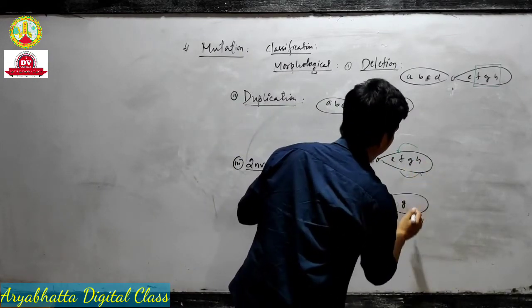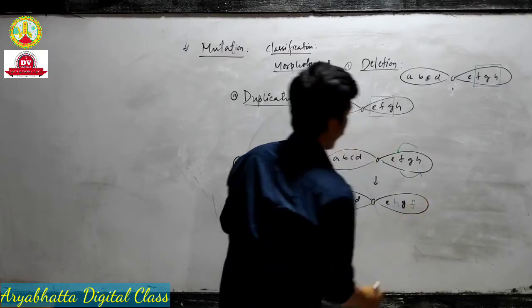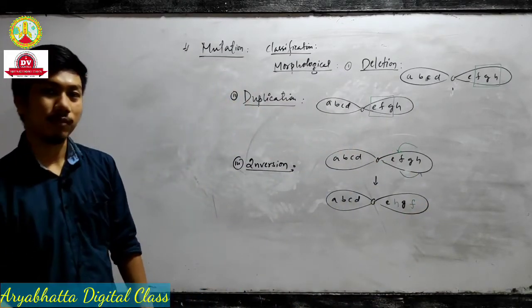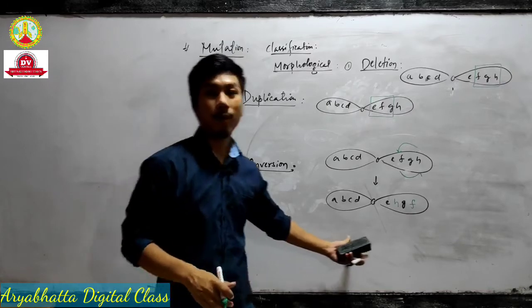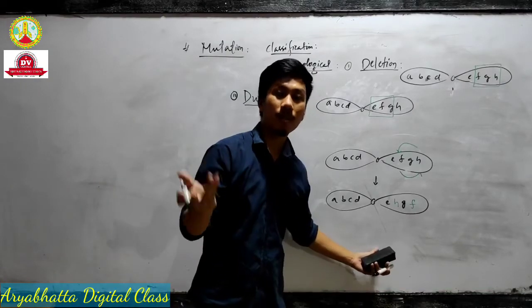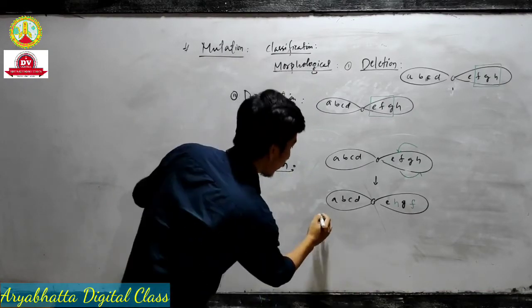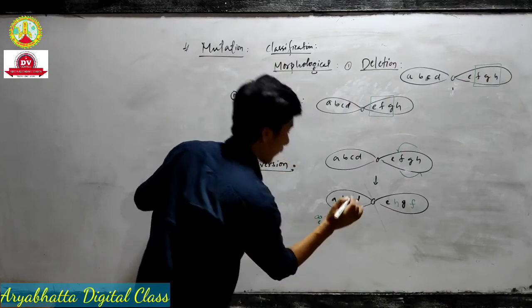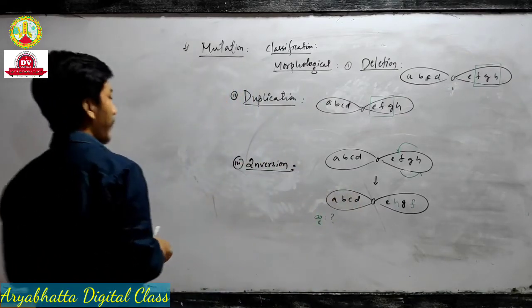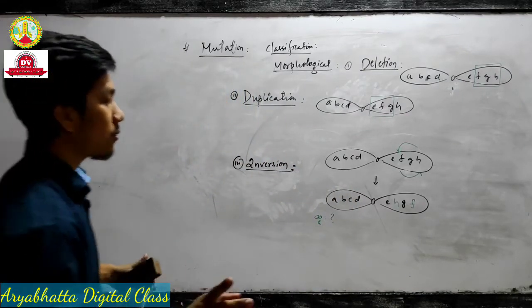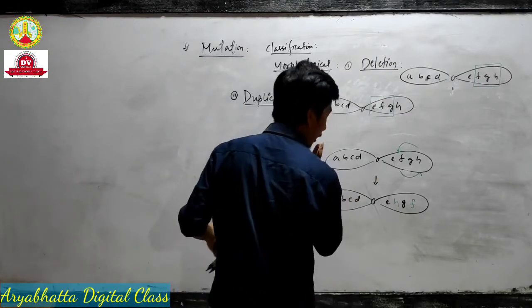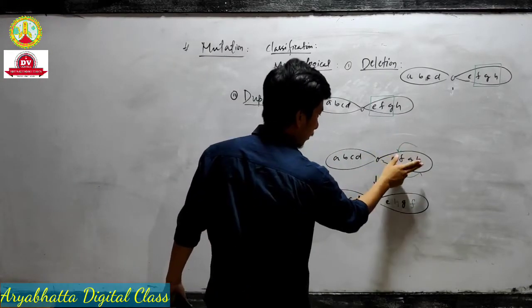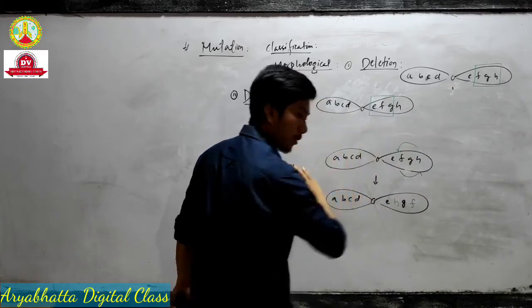H got flipped with F. This results in an abnormal chromosome again, which will result in some kind of disorder. Example, write by yourself, homework. So this is about inversion. In case of inversion, some segment of gene gets flipped by 180 degrees. That's it.